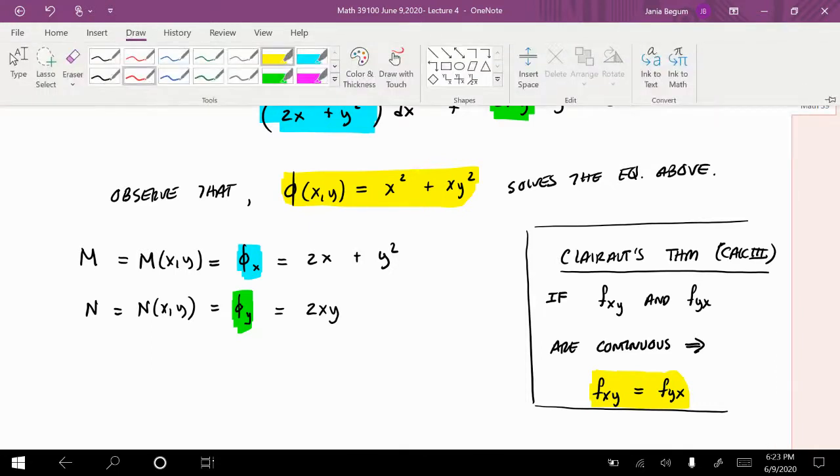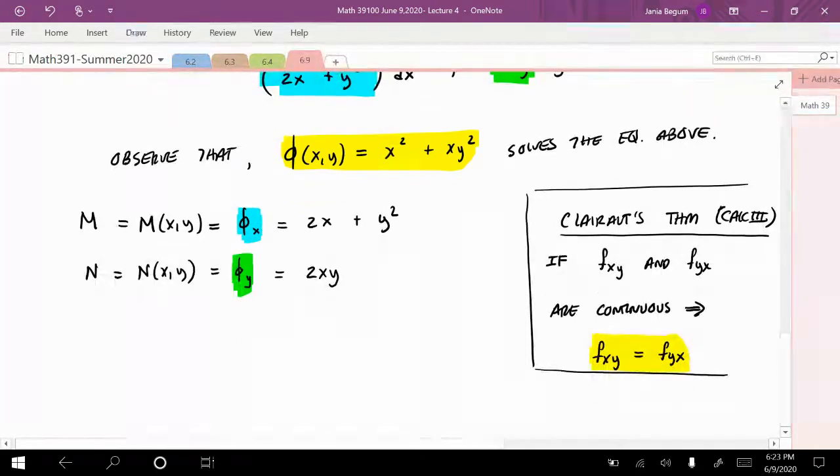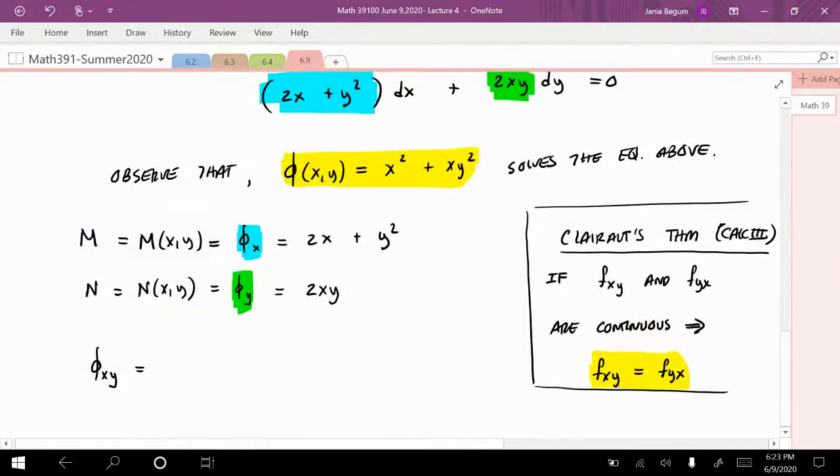I'm going to take phi of x, the first partial with respect to x, and differentiate it now with respect to y, because that will be the mixed partial. So phi of x y: phi of x is 2x plus y squared. Differentiating with respect to y, we get 2y.